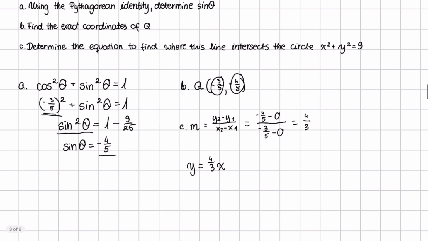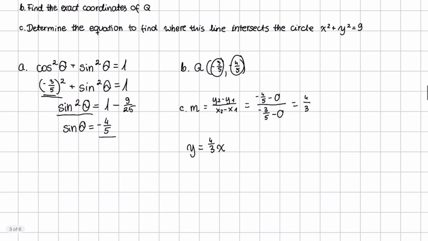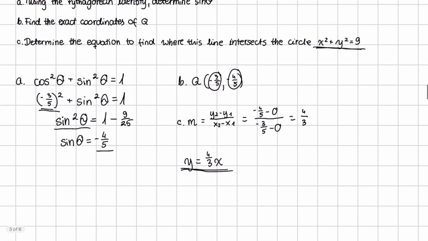And now we have to find the point of intersection between these equations. So all we have to do is just substitute y from here to here. So we have x squared plus 4 over 3x, and of course in bracket squared equals 9.